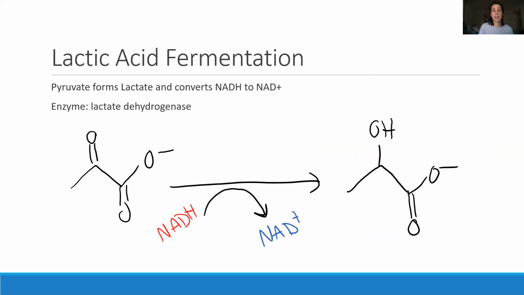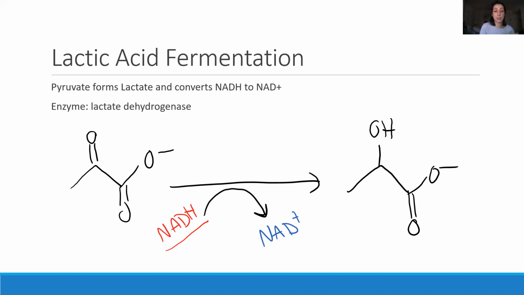Let's talk about lactic acid fermentation. Lactic acid fermentation takes pyruvate and again converts it into lactate. And by doing this, it is going to utilize that NADH that we just made in glycolysis, and it's going to make an NAD+.